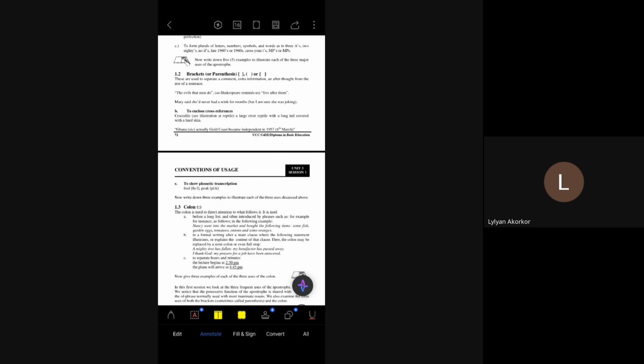Okay. So we can also use the apostrophe when you want to say something that is inanimate in the possessive form. So her heart's desire was to marry a white man.